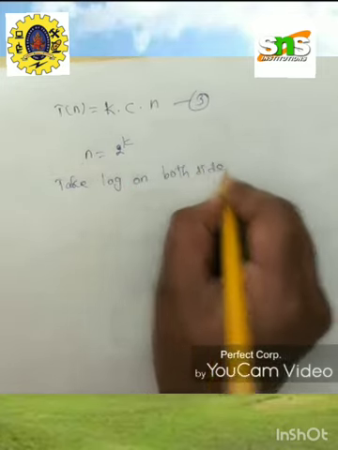In this equation take log on both sides: log n to the base 2 is equal to log 2 power k to the base 2.